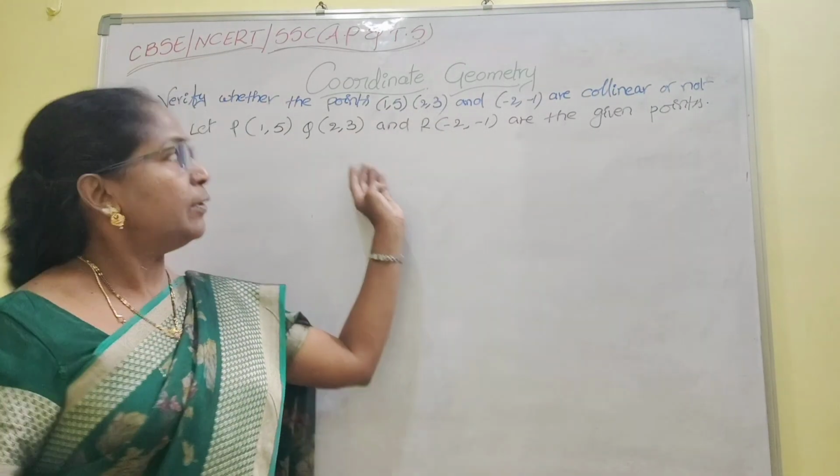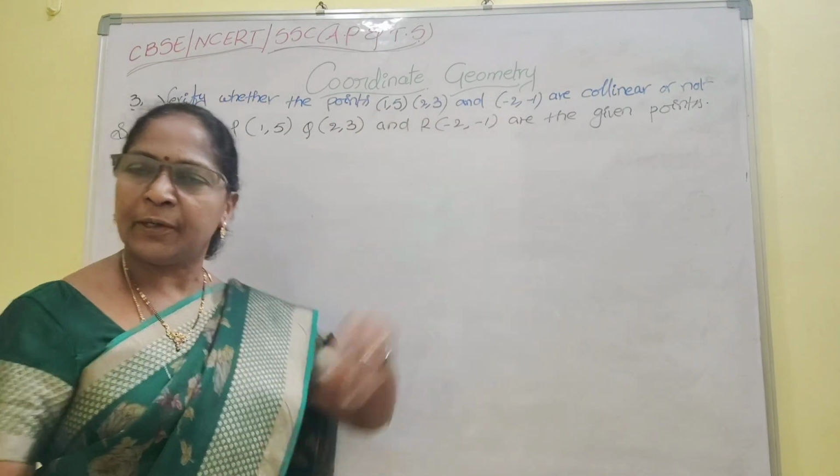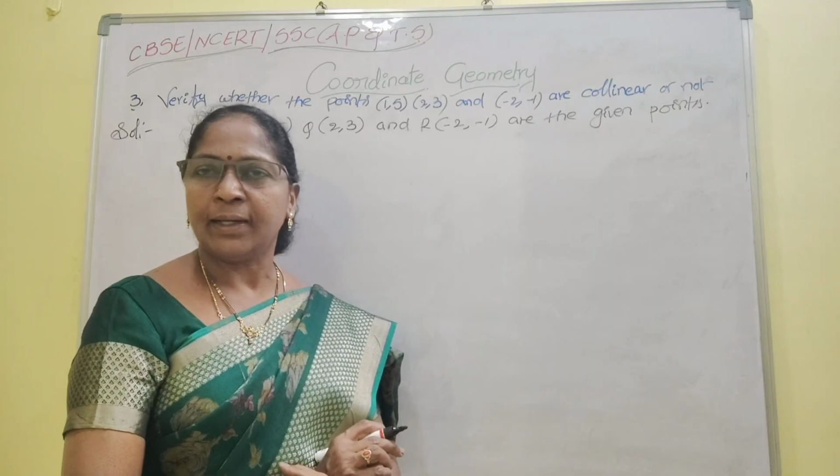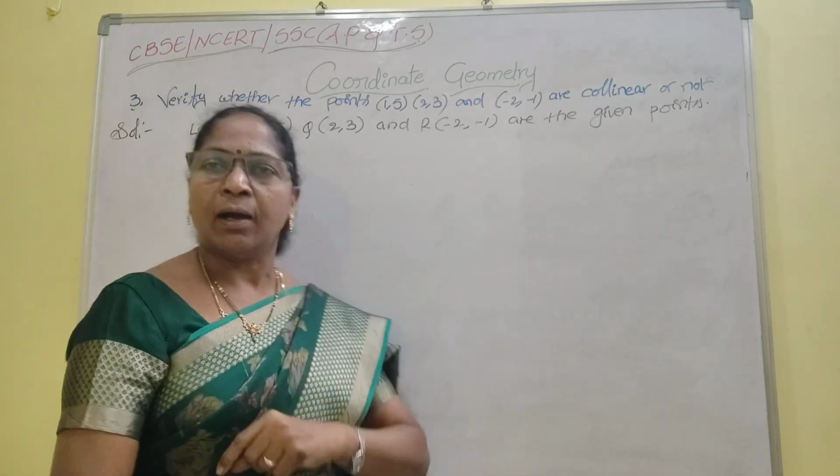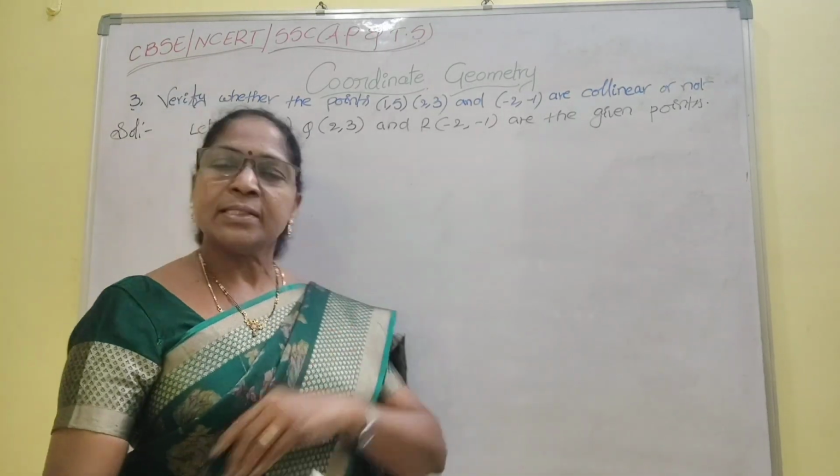You can assume the 3 points as A, B, C or P, Q, R. Any alphabet you can assume. I assumed PQR. So are these 3 points collinear or not?